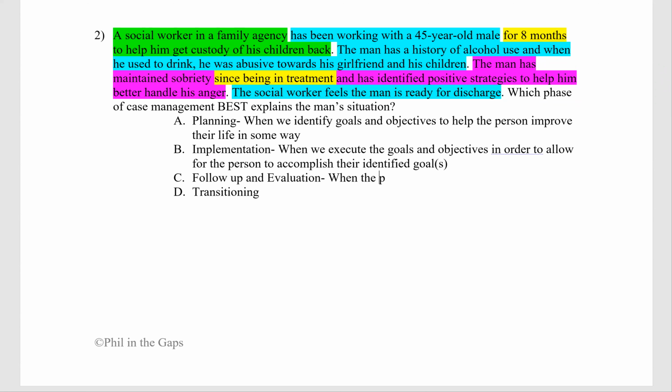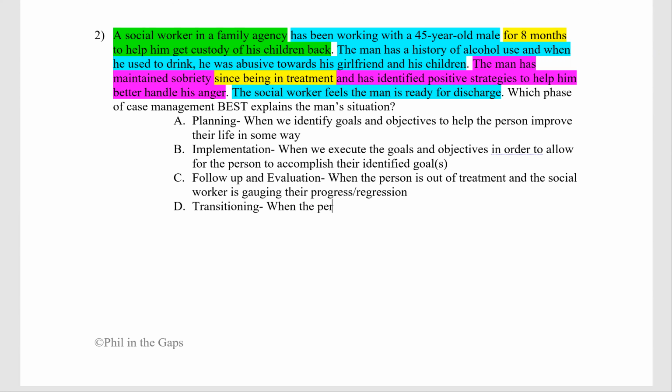Follow up and evaluation is when the person is out of treatment and the social worker is gauging their progress or regression. And then transitioning is when the person is preparing for discharge and they are being evaluated on their progress.